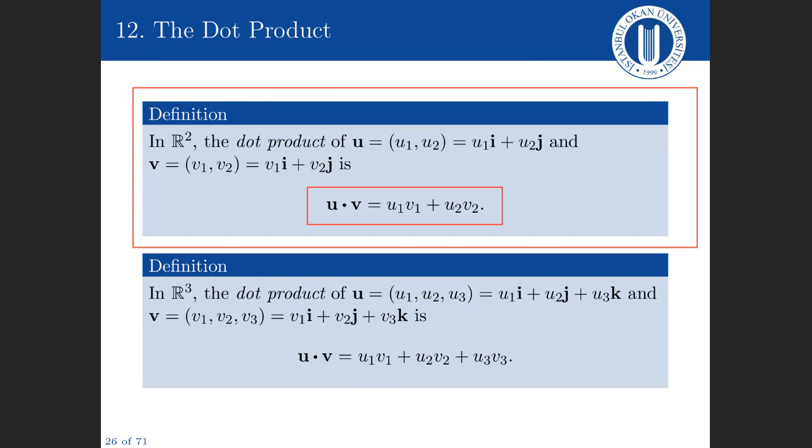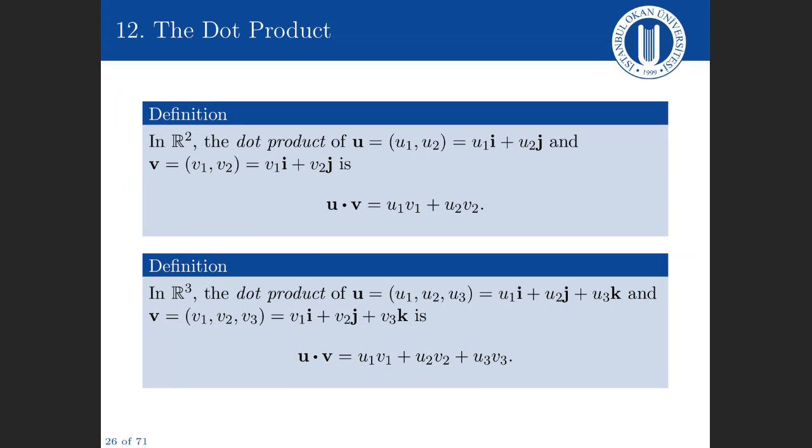Remember, I said we can't multiply two vectors together, but we can do this thing which is called a dot product. It's different from multiplying two vectors together. And in three-dimensional space, we have the same idea. The dot product of u and v is u1v1 plus u2v2 plus u3v3. We're going to be using these formulae in this chapter.